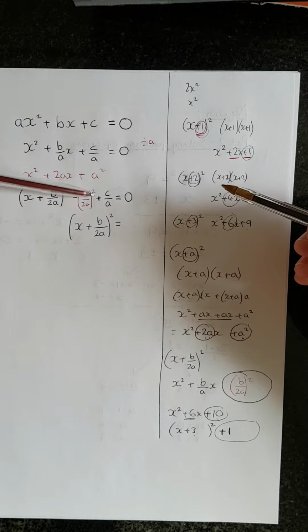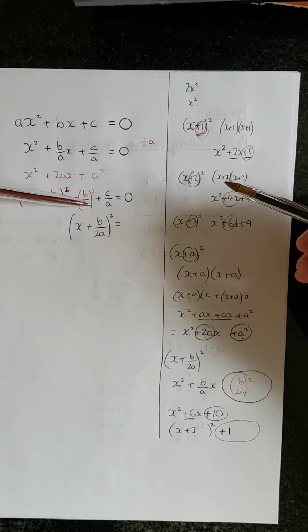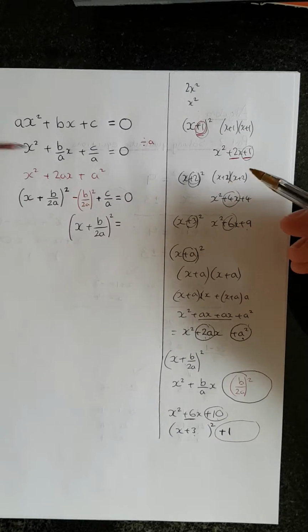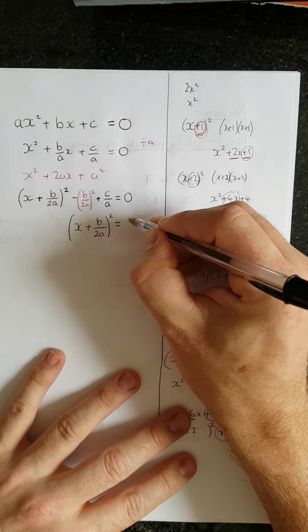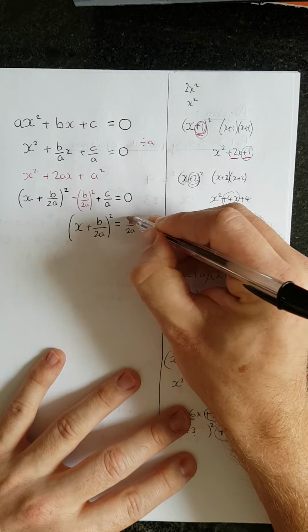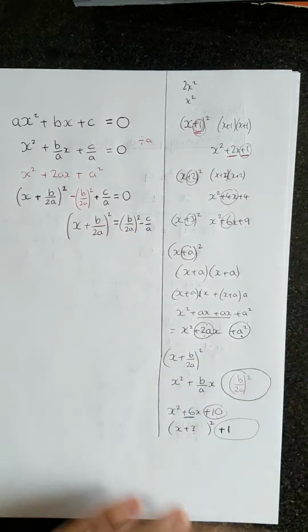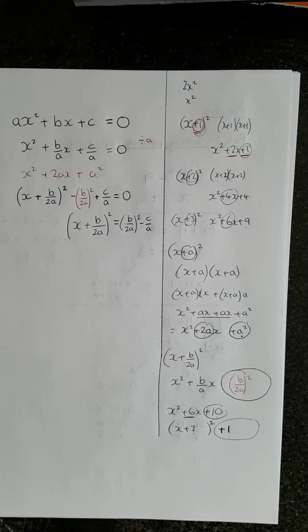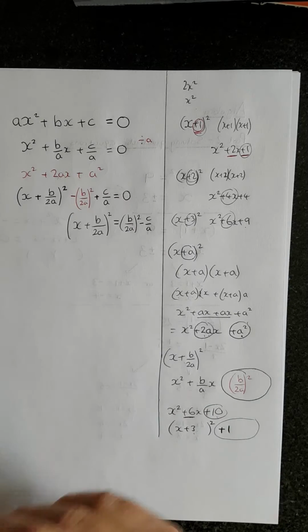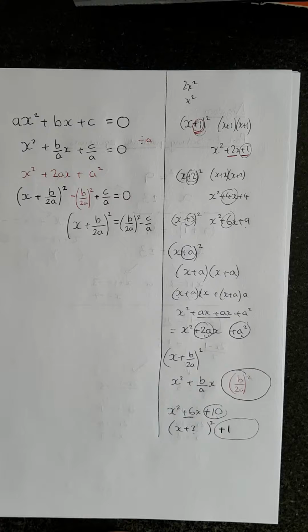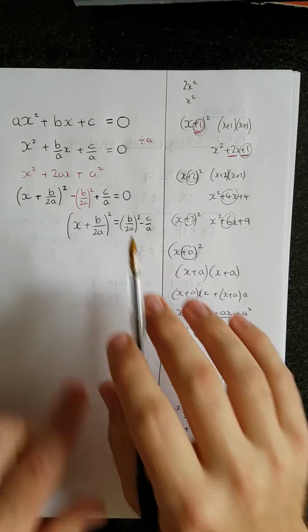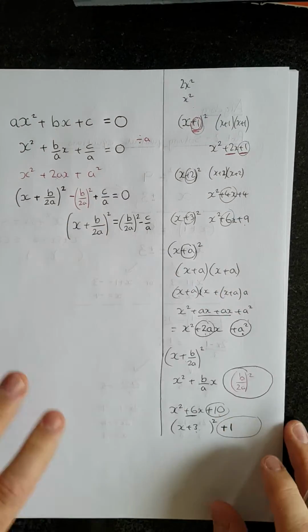So to get rid of this one, I'd have to add this to both sides. And to get rid of this one, I'd have to take it from both sides. So I get this. Now, I've got things squared equals stuff.